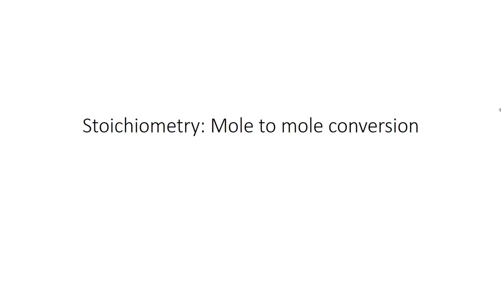Hello, I will show you how to solve stoichiometry problems. This is the first of the problems that you are going to solve in this class. This is actually the simplest one, where we transform from mole of one substance to the mole of another substance.